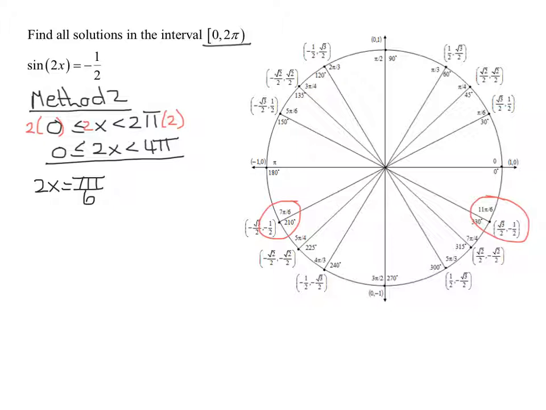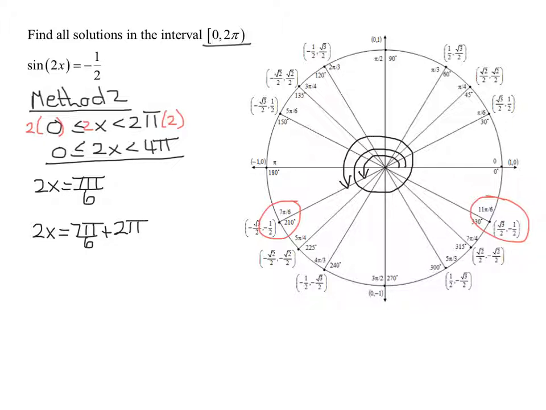And now I want to find the next coterminal angle, because that angle just rotated around to there. If I want one more complete revolution to get me that angle, I'd have to say 2x is 7 pi over 6 plus 2 pi.